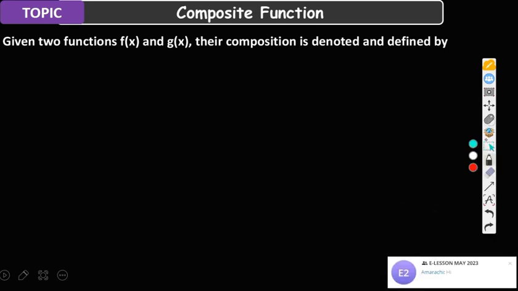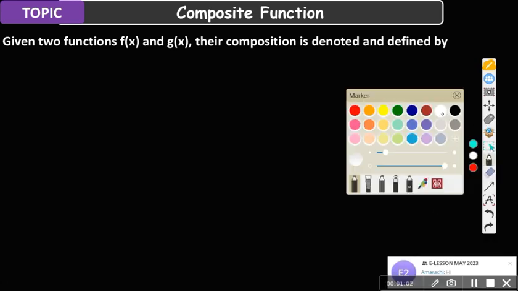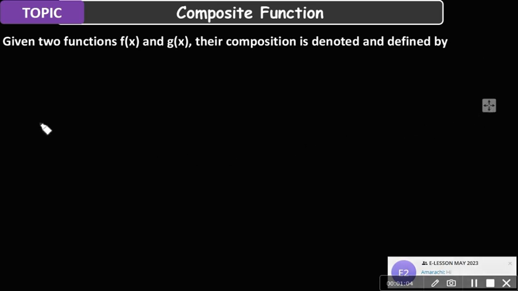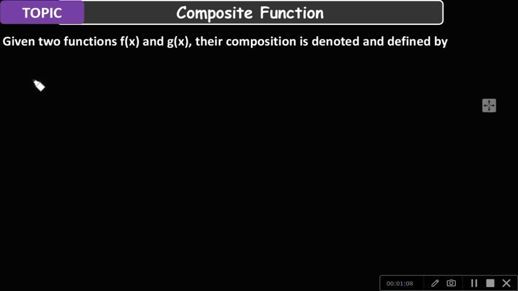Now, if you were in our last class, please let's listen. I said that a function shows the relationship between a dependent variable and an independent variable.